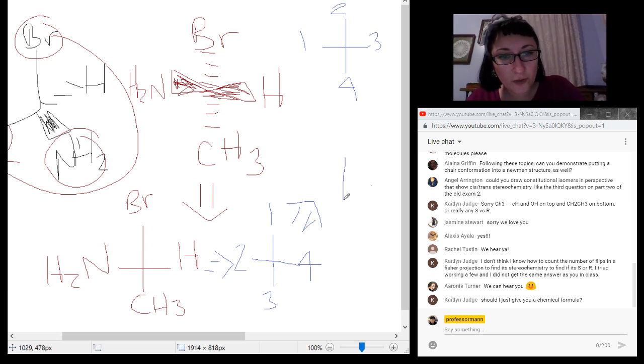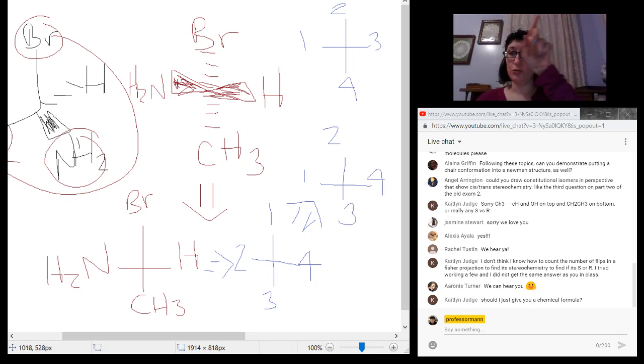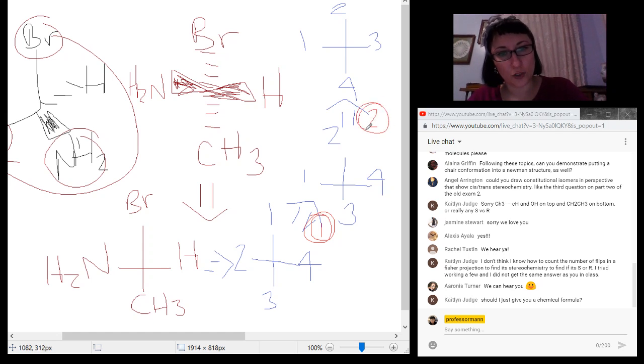So if I flip my 1 and 2, I have 1, 2, 4, 3. Well, that's still not the standard that I need up here. I just need to flip my 3 and 4 to get to that spot. So I flipped things 1 time there, and 2 times there.